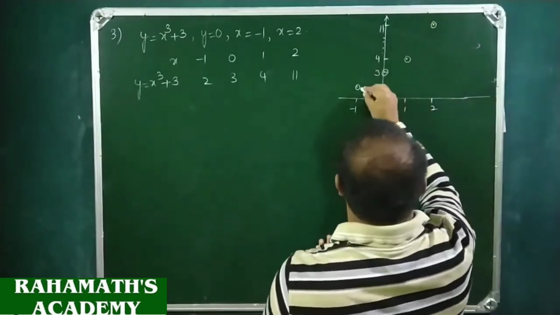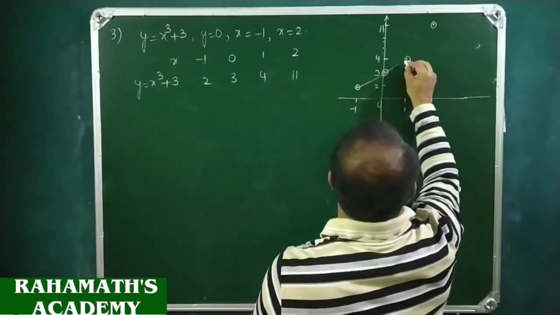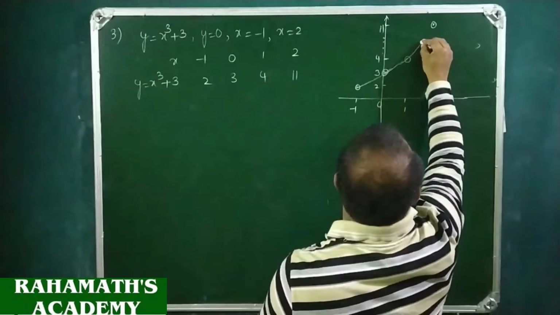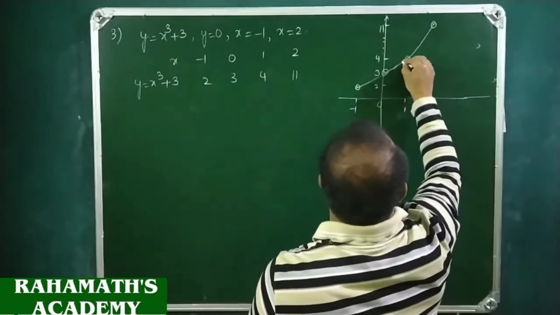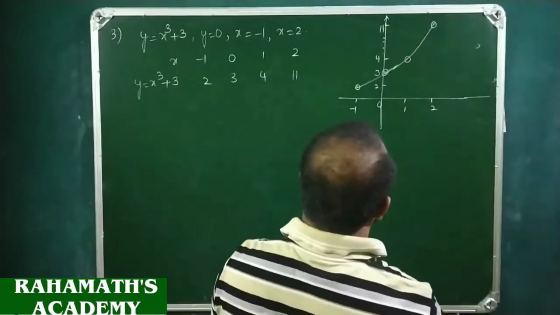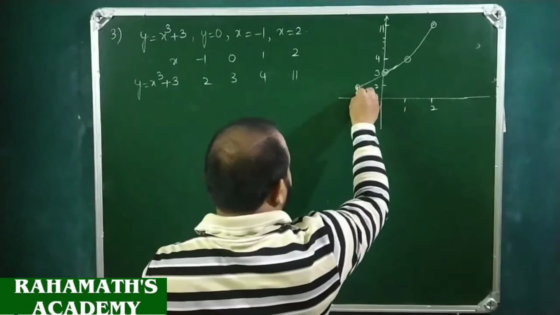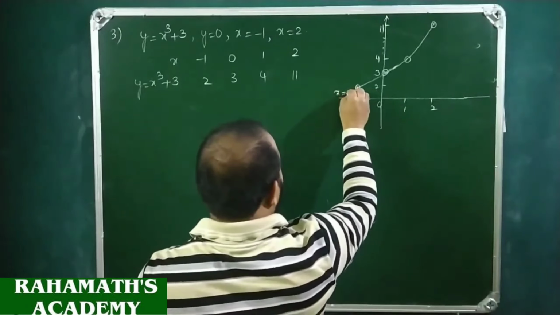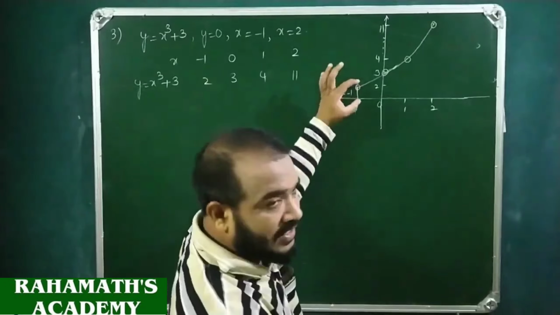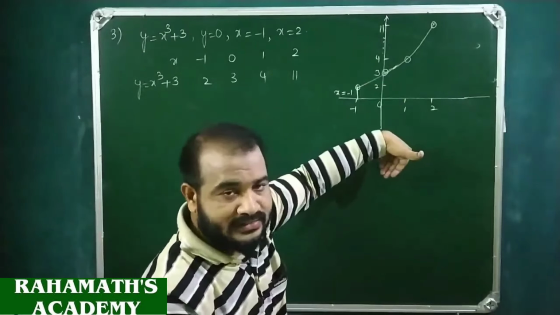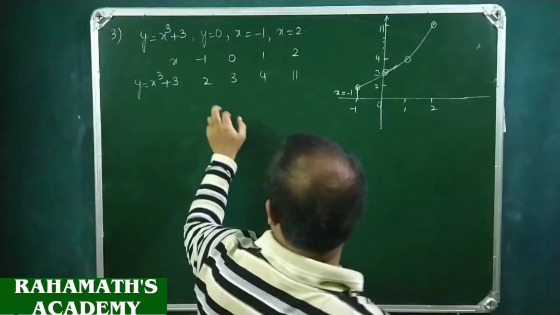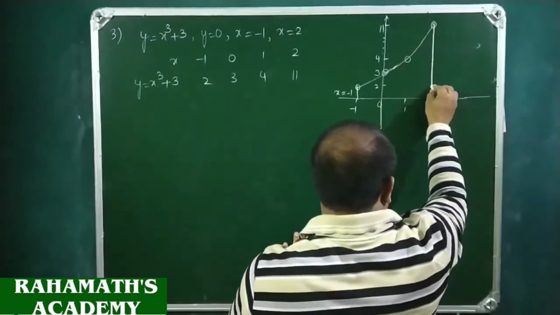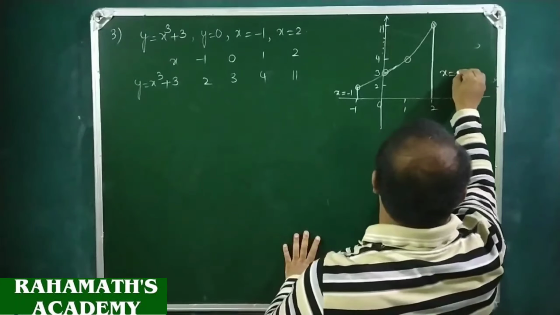So if you join them, this is the area we require, and this is x equals minus 1. x equals minus 1 is the line which is parallel to the y-axis. It's a vertical line, and here x equals 2 is this.